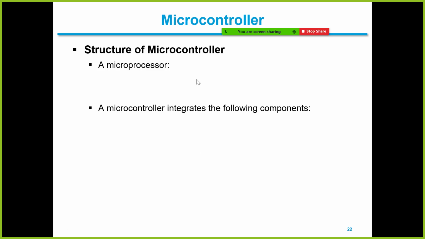Can anyone give me an answer? You should already have taken some courses, computer architecture, machine organization. What is a microprocessor?